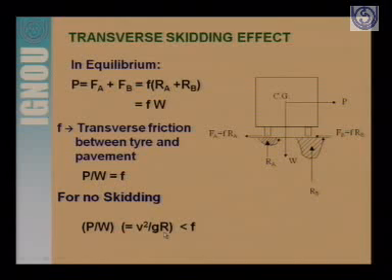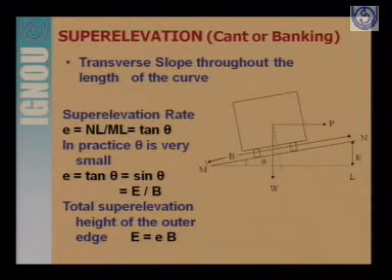So by controlling these two things, you can ensure your vehicle from skidding at the horizontal curves. So these are the factors. Now another factor which is very important on the roads is super elevation, and this super elevation also comes into the picture at the curves.